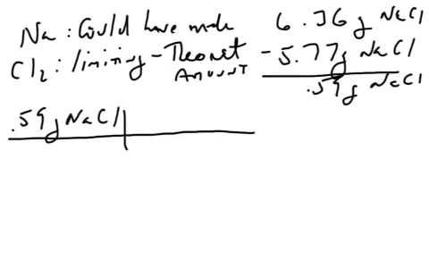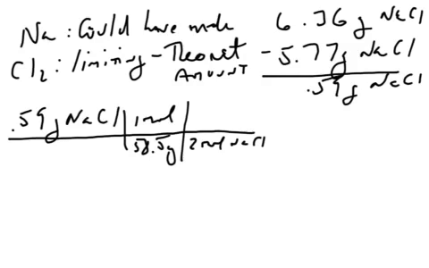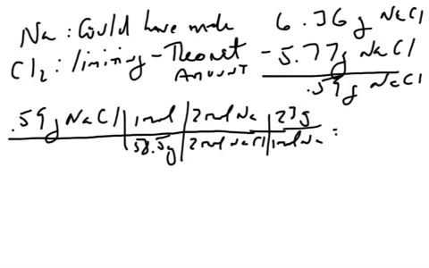You're back to stoichiometry: 1 mole of sodium chloride weighs 58.5 grams, and going back to my equation, for every 2 moles of sodium chloride I needed 2 moles of sodium, and for every 1 mole of sodium, it weighs 23 grams. 23 grams.